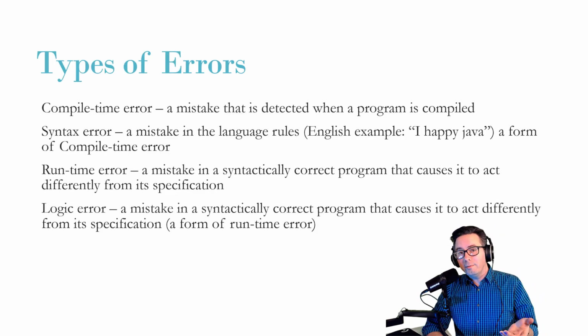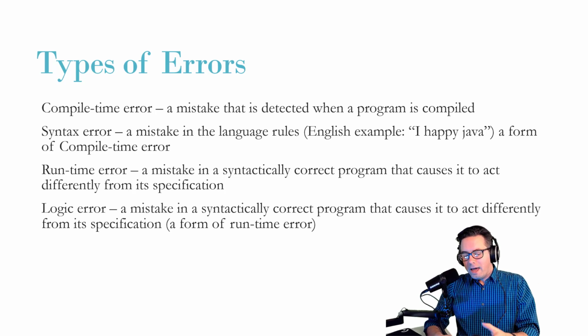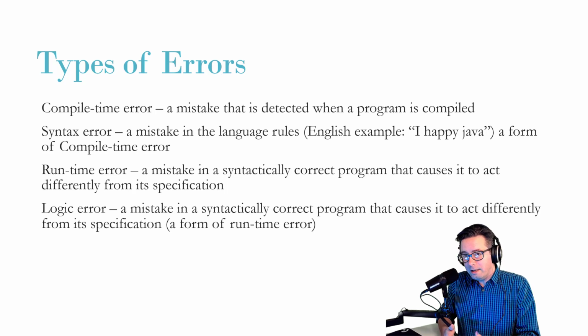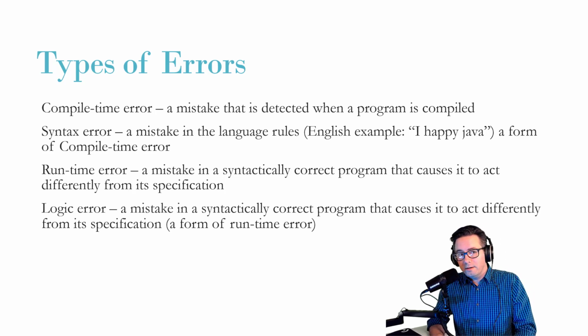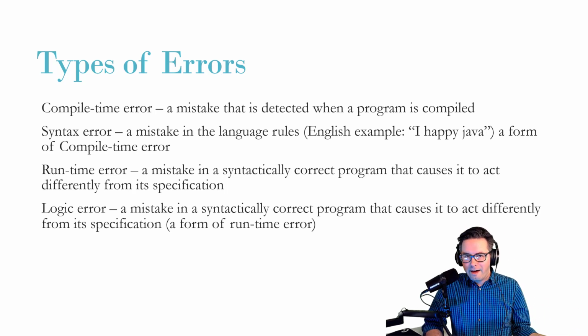So we commonly refer to Java as a high-level language, and it works very similarly to the English language in the way that errors work. I'll make that comparison. We have compile time errors, which technically we don't have in English.